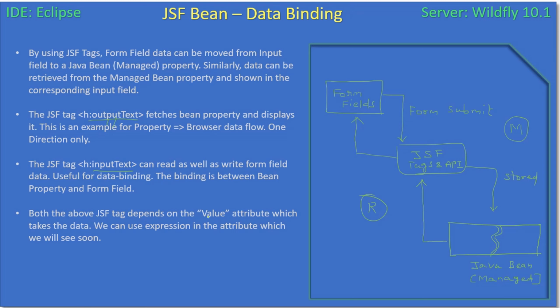Previously we saw how we used the value with the hash, then we defined our variable name, value equal to. Here in this tutorial, since we are going to use a managed bean, in this value attribute we will use bean. We will see how we use the bean and how it will get instantiated in this tutorial.